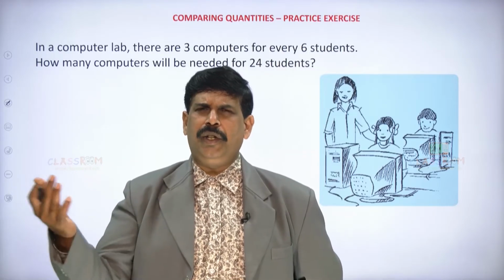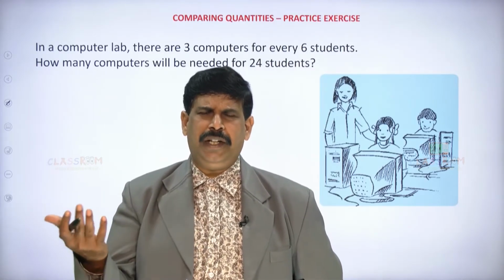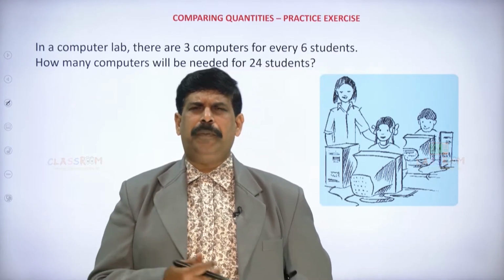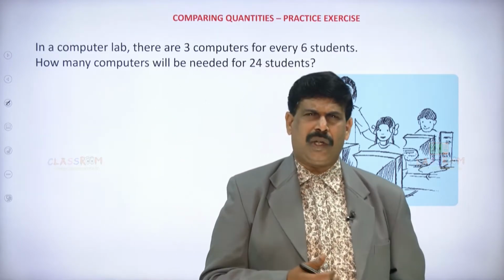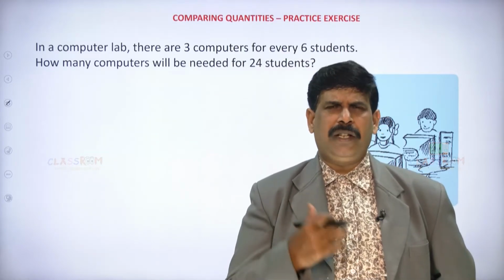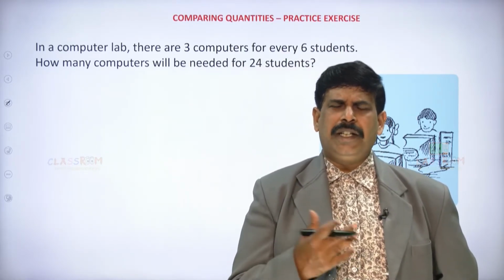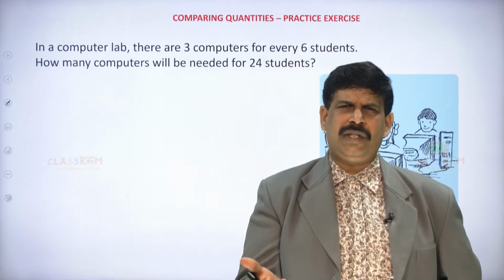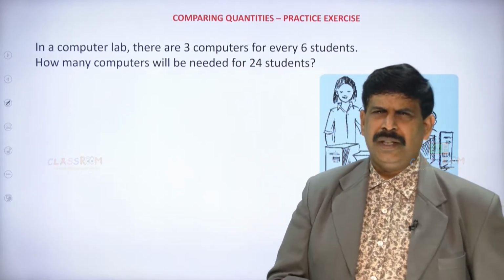For example, 5 chocolates, 20 rupees. What is the cost of 8 chocolates? So what we will do now, 5 chocolates, 20 rupees, we will find the cost of 1 chocolate. 20 upon 5, we'll get the cost of 1 chocolate. That is multiplied by the required number of chocolates. Like 8 chocolates, 8 fours are 32 rupees.